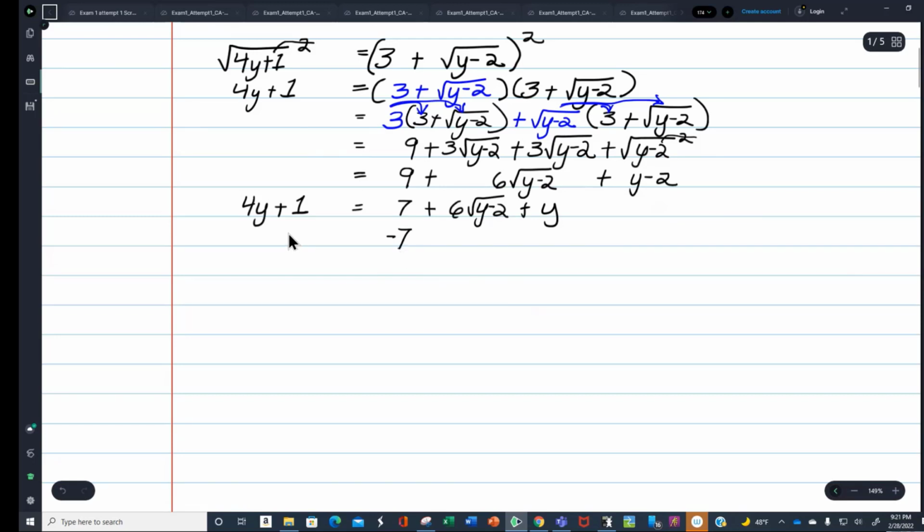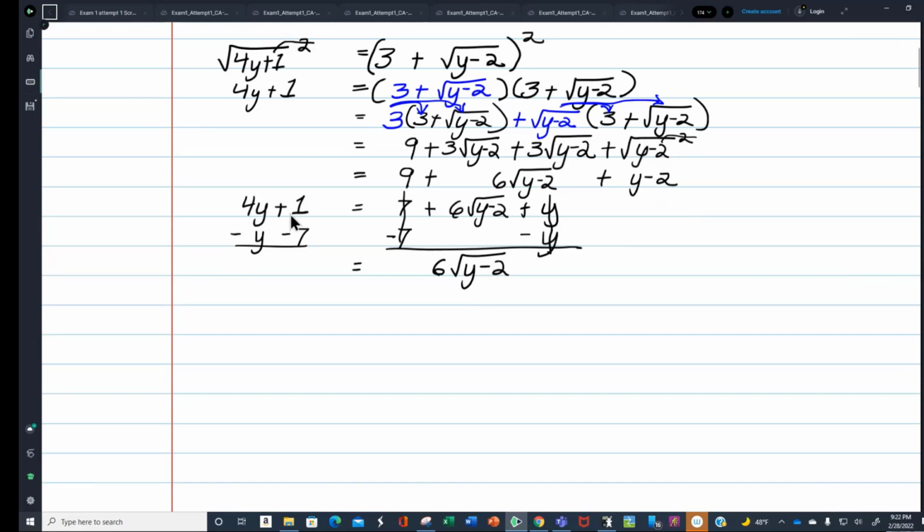Minus 7, minus 7, minus y, minus y. 7 minus 7 is 0. y minus y is 0. So on the right side of the equation now, I have 6 times the square root of y minus 2.